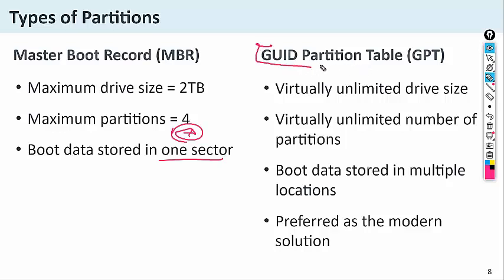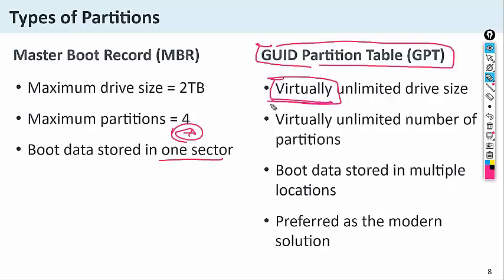Another type of partition is the GPT table. Actually this is the most used, and nowadays it is used in data centers, in the cloud, in organizations, big servers. This type of partition table is created virtually. Whenever we talk about virtually, it means there is no physical existence, it exists virtually.